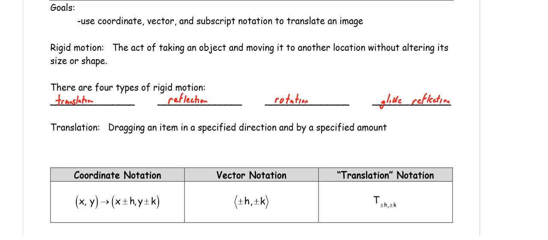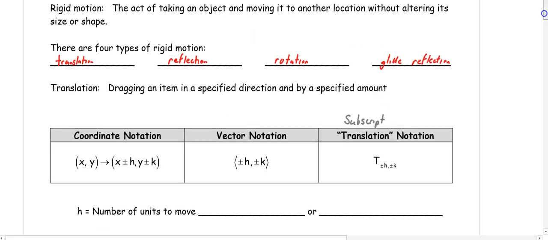We just use our h value and our k value inside brackets that look like little arrows. And in the translation notation, which is also known as our subscript notation, we have T to stand for translation. And then in the subscript, we write our h and k movement.